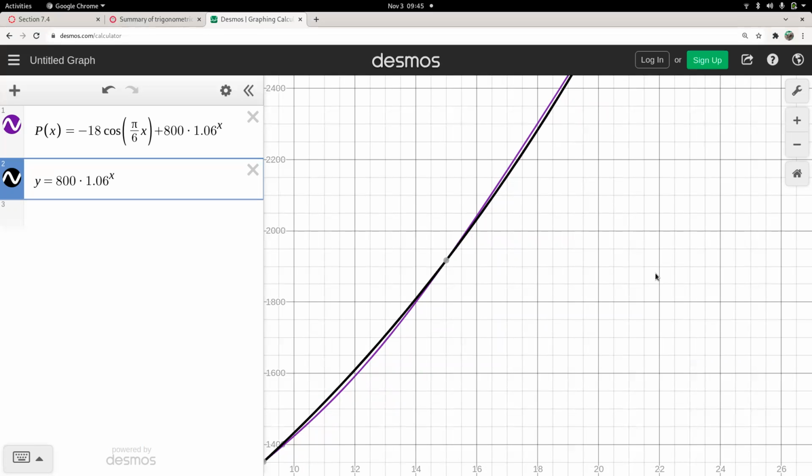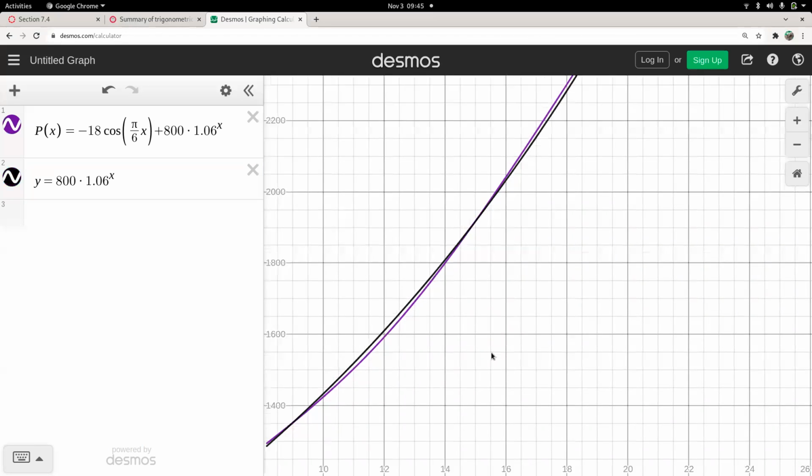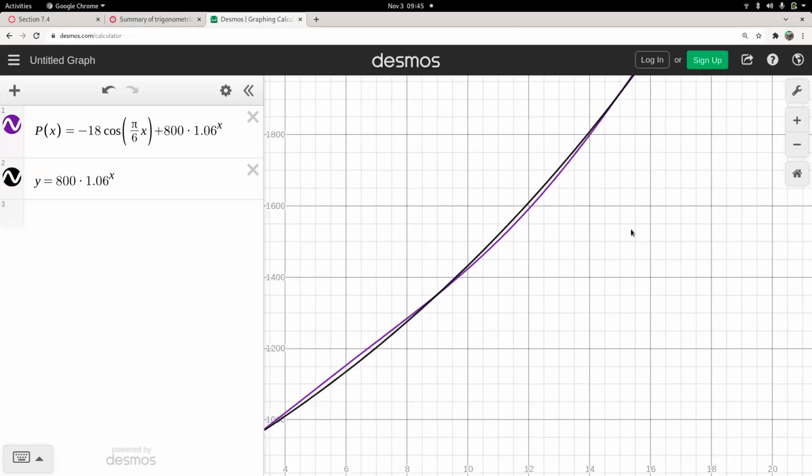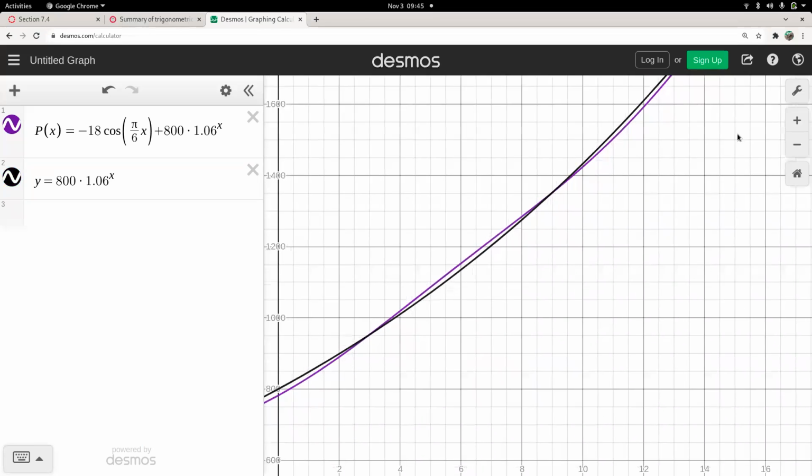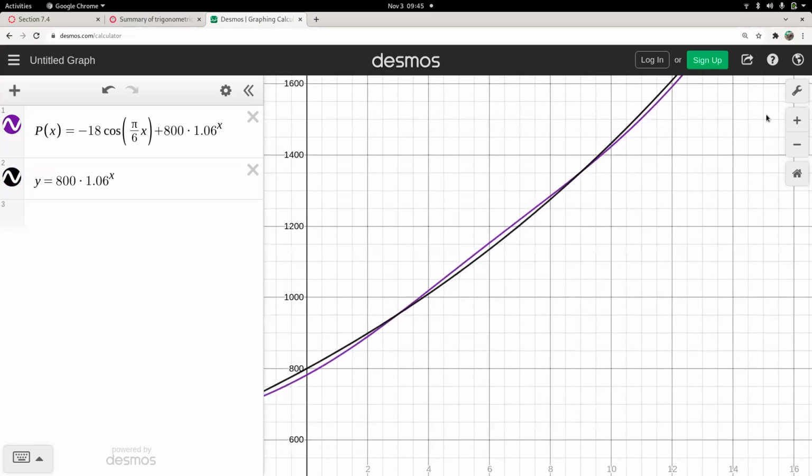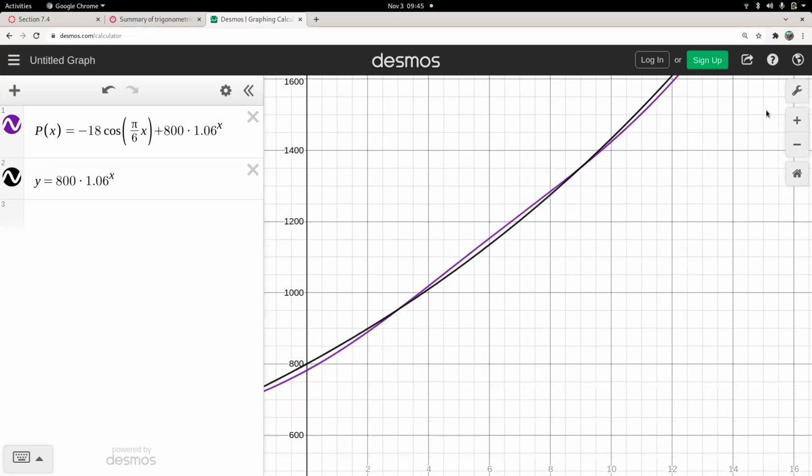That's about the best view we're going to get of it. Yeah, so that's that vertical distance of 18 from 800 there. I think that looks pretty good.